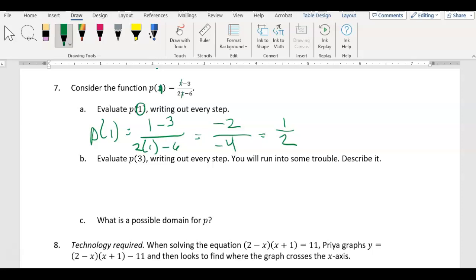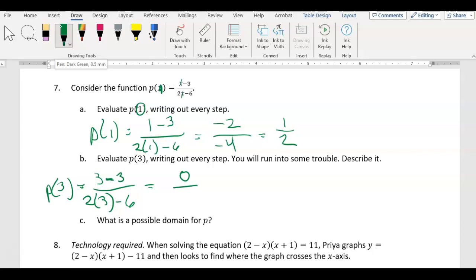Evaluate p of 3, writing out every step. So p of 3 equals 3 minus 3 over 2 times 3 minus 6. 3 minus 3, right? Yes, 3 minus 3. See, writing clearly, super important. 3 minus 3 is 0.